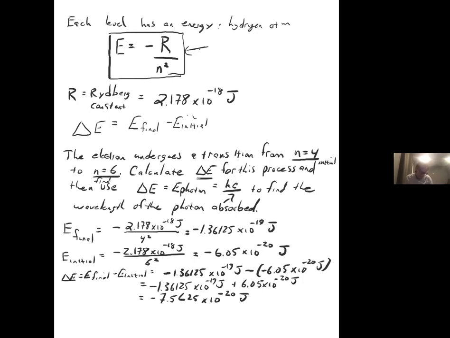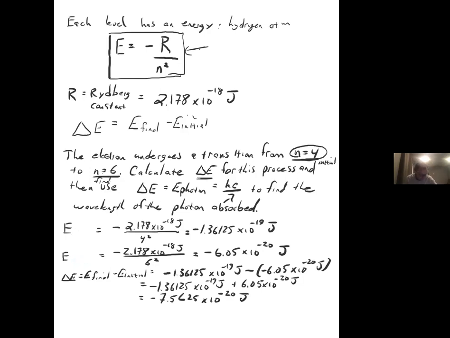Okay, let me check that out. The sign doesn't seem right to me. Energy level for the hydrogen, so E final, so we're going from 4 to 6. Oh, I see, I made this mistake again. It's going from 4 to 6, I'm sorry. So 6 is final. I made that mistake twice here. Okay, let's go over this.